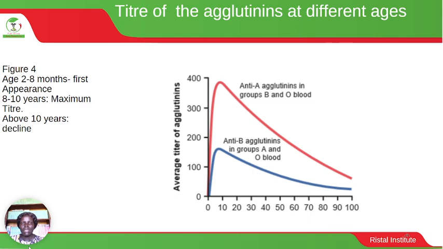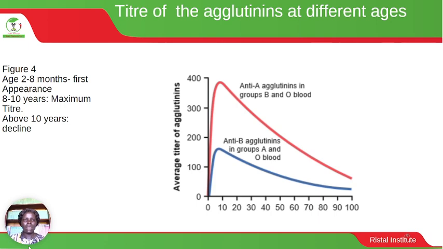So let us look at the titer of the agglutinins at different ages. Right there in that figure, at age 2 to 8 months, this is the first appearance of the antibodies in the body. Then from 8 to 10 years is the maximum titer. Above 10 years, it starts declining.